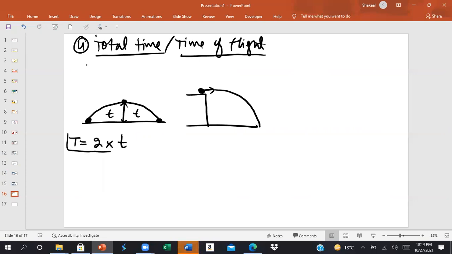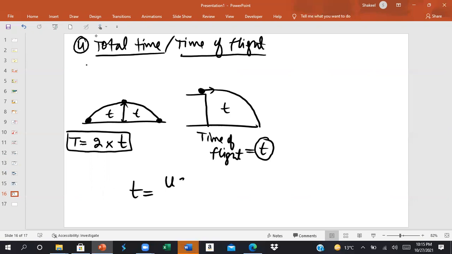So you'll be multiplying 2 with the time to reach maximum height to get the time of flight. But over here, your time of flight is actually equal to t, because the ball has already started its motion from the maximum height. So the time to reach maximum height is actually the time of flight. And you know the time to reach maximum height is u sine theta over g. That's all you can calculate.